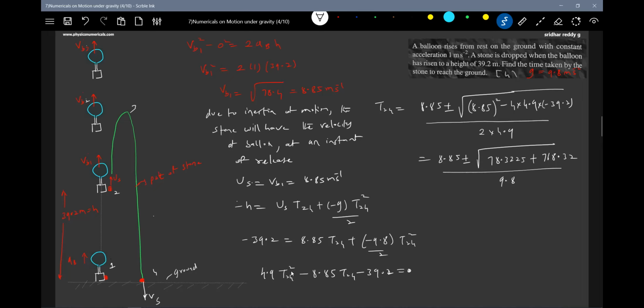Then 768.32 plus 78.3225 gives 846.6425. I'm using the calculator. The square root I'll get is about 29.1.